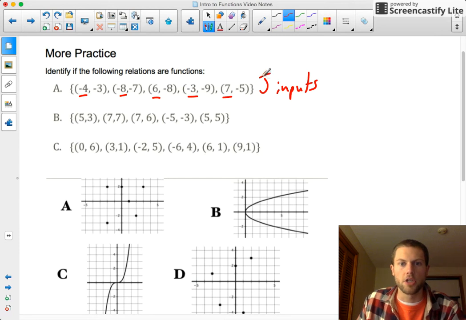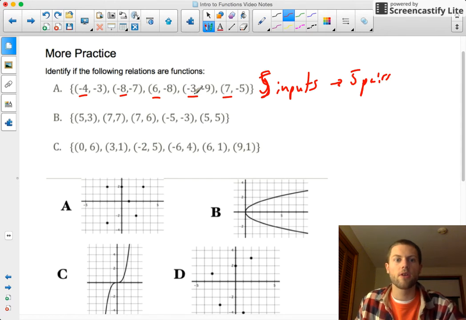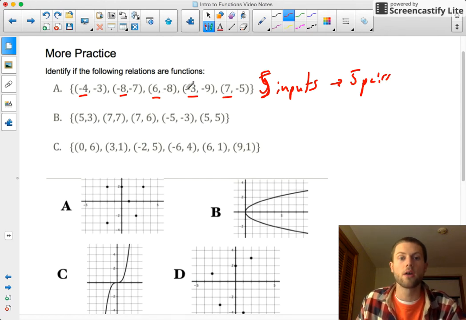And I have 1, 2, 3, 4, 5 pairs. That means that every input has its own unique output. There's no repeating of inputs, so this is a function. That one passes the test. Letter A is a function.